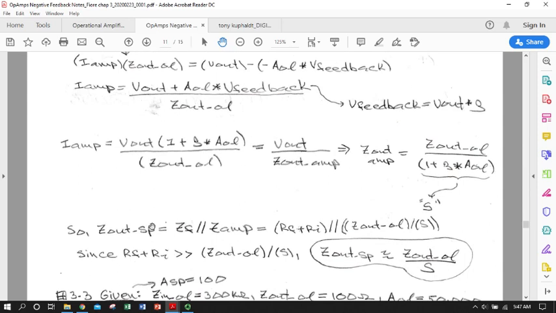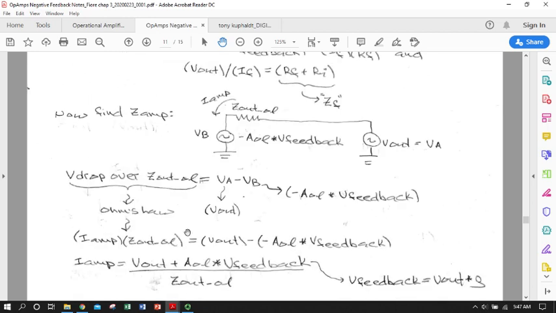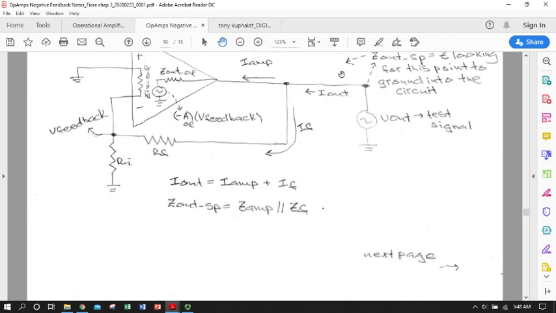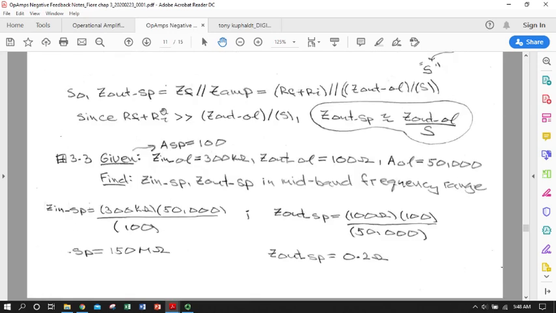So here we go, let's write it all together. We can write a total expression for our output impedance closed loop in the series parallel configuration that we just defined: it is our impedance through the feedback network from the output point, all the way to ground through those resistors, in parallel with the impedance that we just defined to get to that internal ground point.